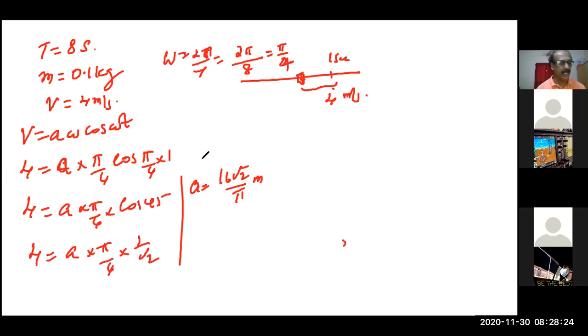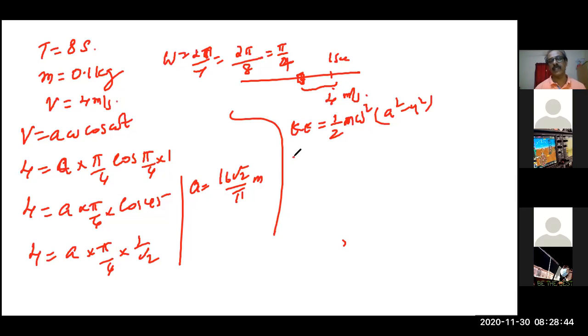Okay. Now total energy we can calculate. Kinetic energy, how much will come? Kinetic energy is equal to half m omega squared into A squared minus Y squared, isn't it?